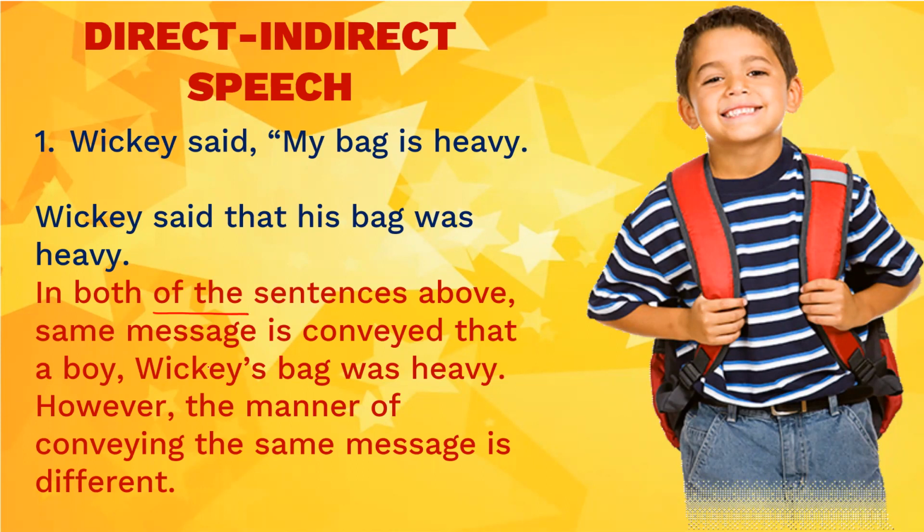However, the manner of conveying the same message is different. The message is the same. The substance that has been conveyed is the same, but the way it is communicated, the way it is spoken has been changed in both the sentences.